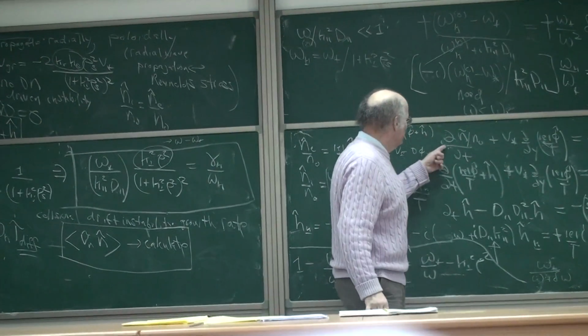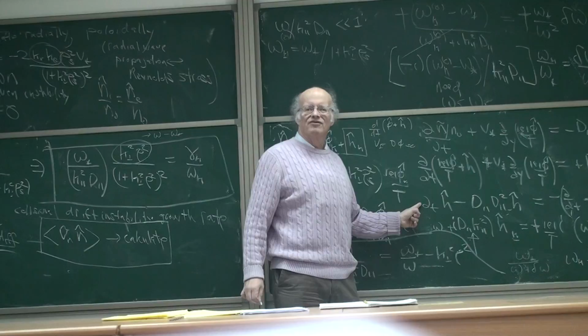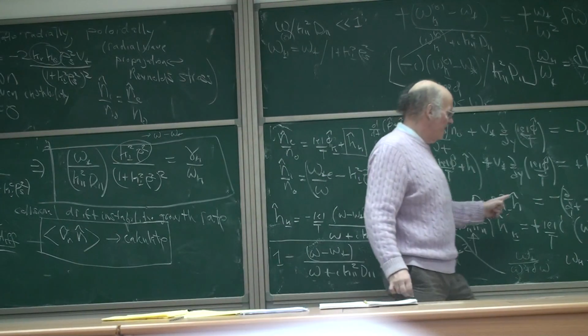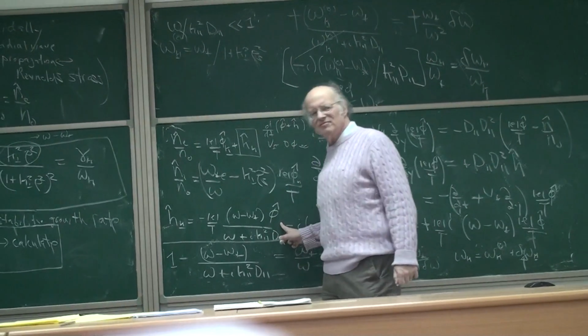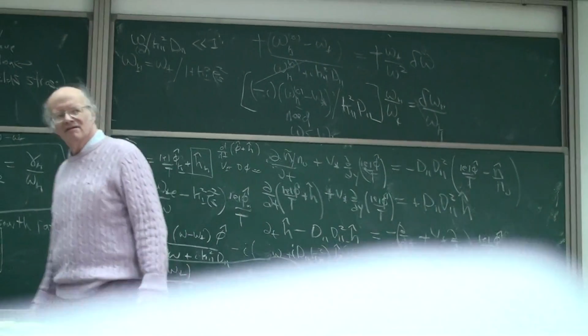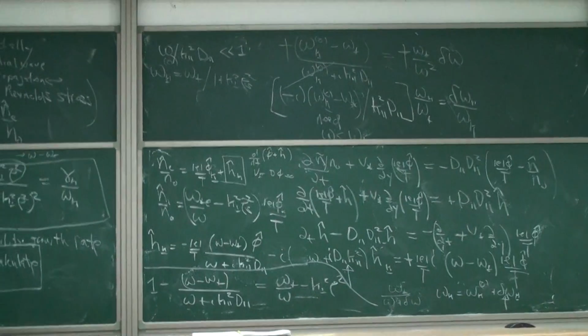So you immediately convert it to an equation for H. So what we did was we solved this equation to relate H to phi, and that's where this comes from, okay? So you solve that from the first equation and then take it into the second one because of instability. Exactly.